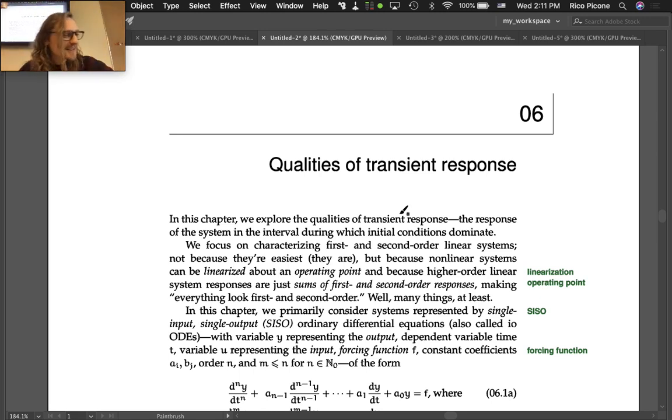Chapter 6 is on the qualities of transient response, and we're going to be especially focused in this chapter on what happens during that initial period when the initial conditions are still dominating the response, or are still a significant factor in the response.